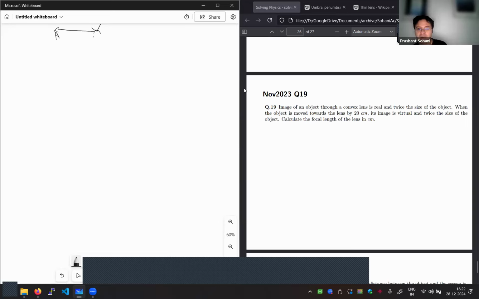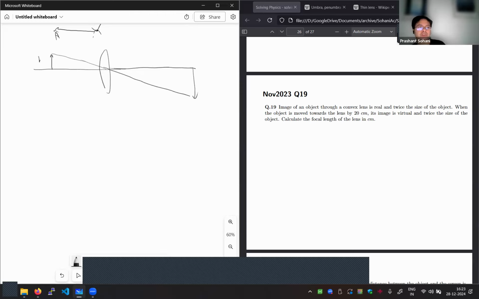Okay, so let us see what is question 19. Image of an object is real and twice the size of the object. So let us draw the diagram, let us say the lens is here, and it is saying the image is twice the size of the original object.